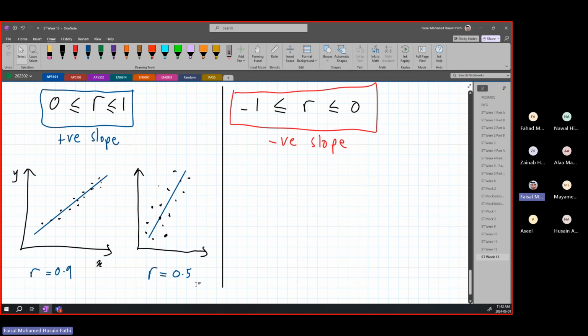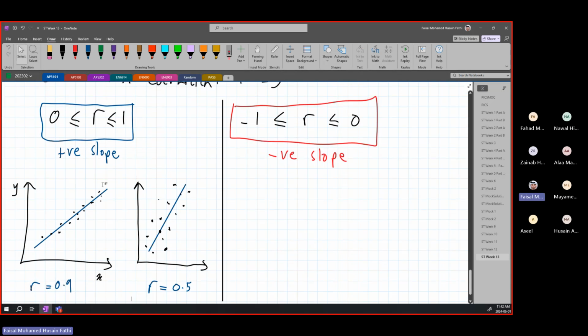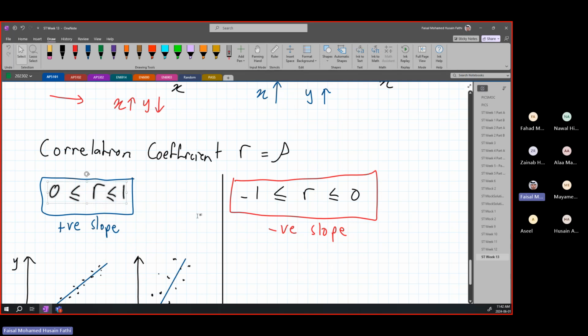Because we have a decent value for R, it is not close to zero. The scatter is not so much that it is almost unseen. So this is what the value of R represents, the correlation. This is why it's always from 0 to 1.